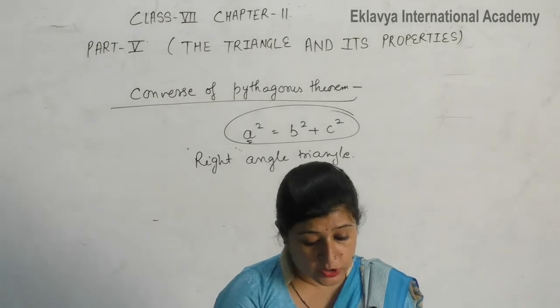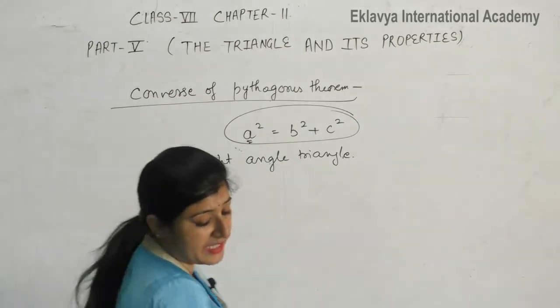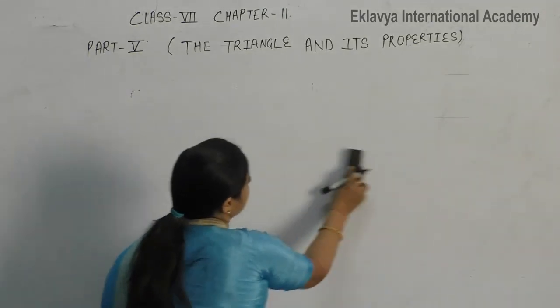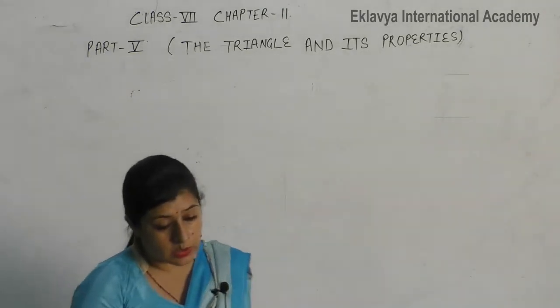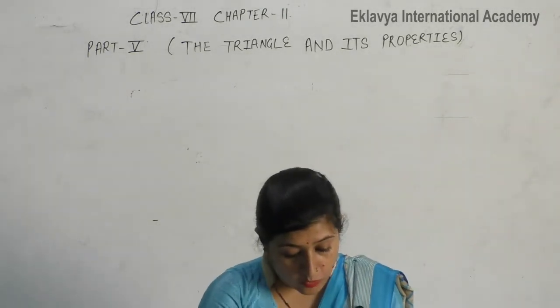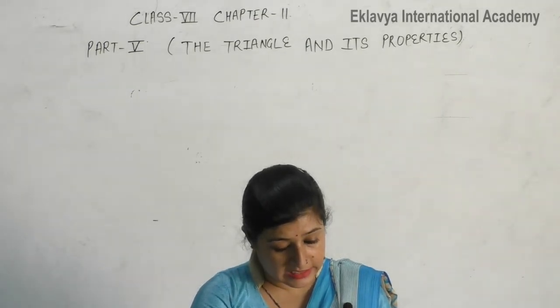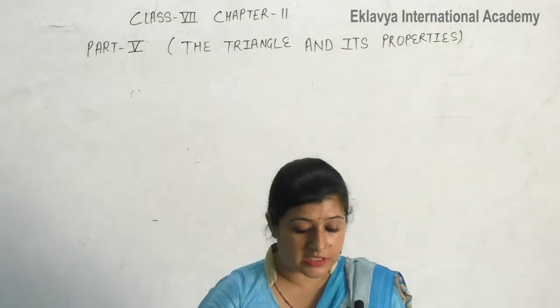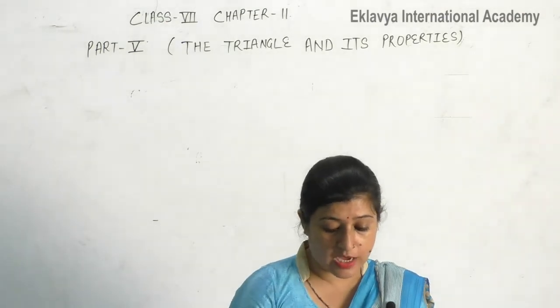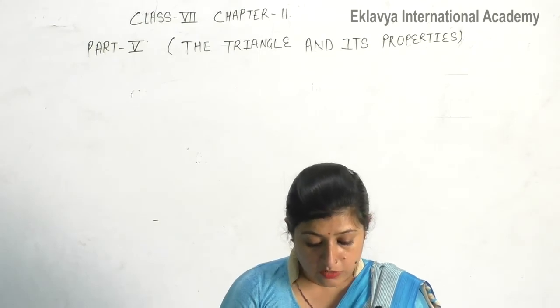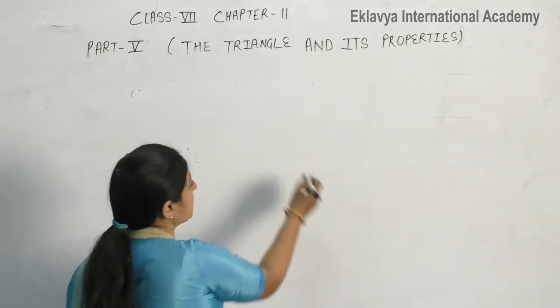Arvind wishes to check whether the walls are at right angle or not. He measures AB, BC and AC and checks whether longest side square is equal to the sum of the squares of the remaining sides or not. So what is given to you like this?